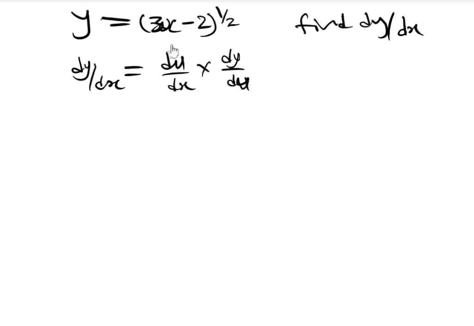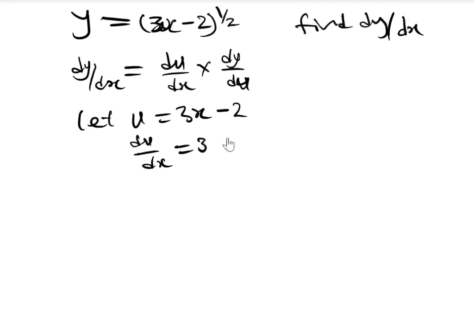And we can assume let u be equal to 3x minus 2, and du/dx will be equal to the differentiation of 3x, which will give me 3, and the differentiation of constants will be 0. If we assume u to be this, therefore our original equation will be y is equal to u power half.